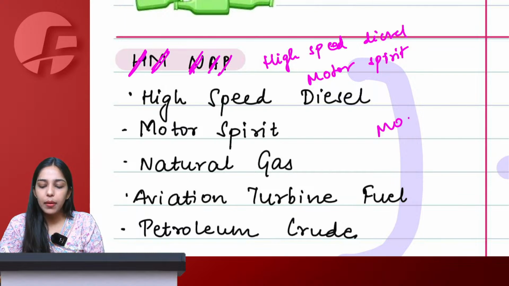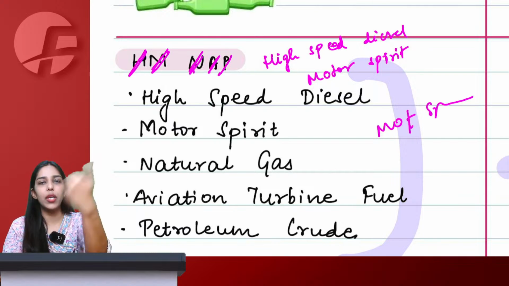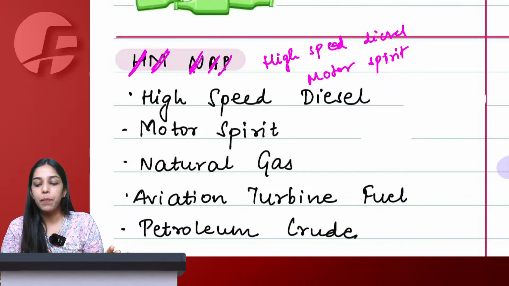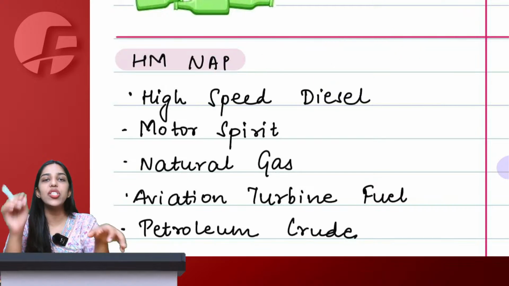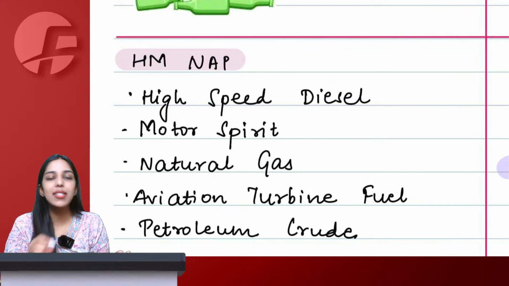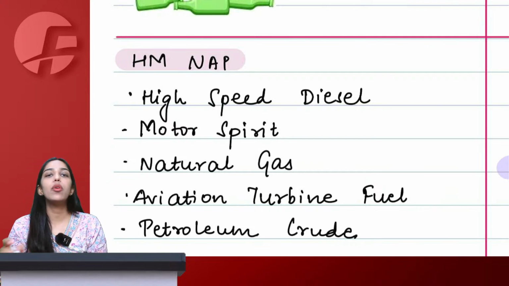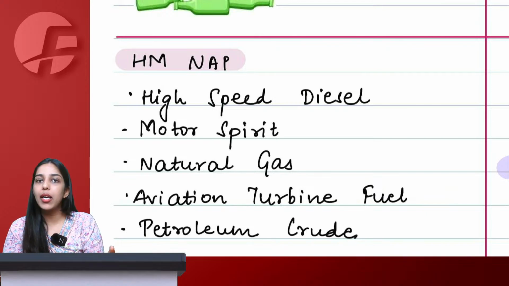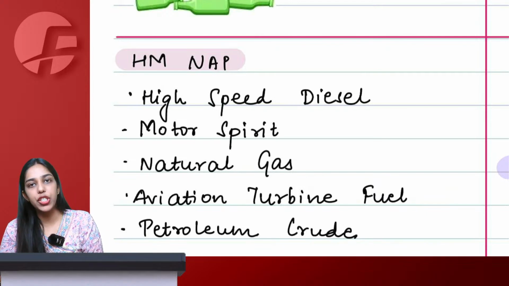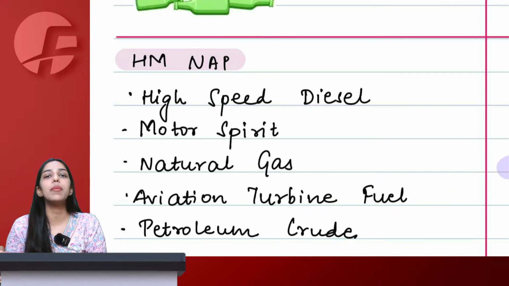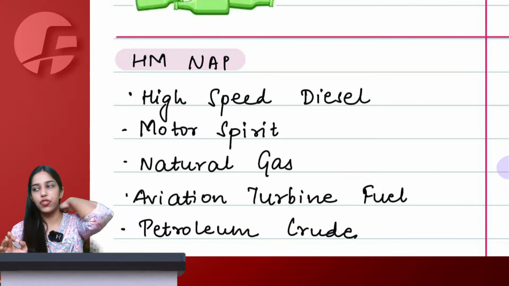Even if you write something like MOTSPI, I'll understand that you want to write motor spirit, it is fine. What I basically want is just write. Spellings, grammar, nothing matters. Just be with me. And people who will view it in recorded mode or in backup mode, you have to sit with a rough sheet, and whenever I tell you to write, scribble along with me.